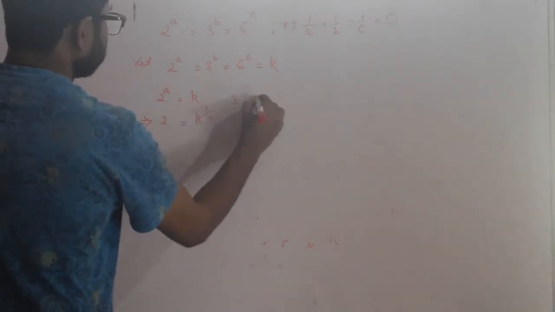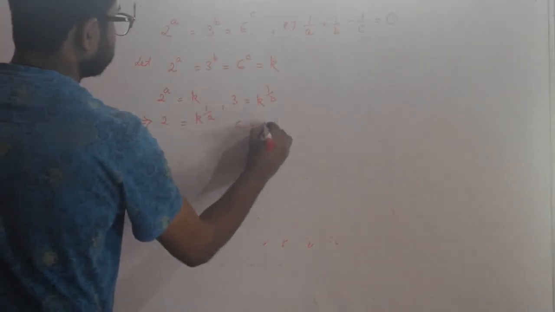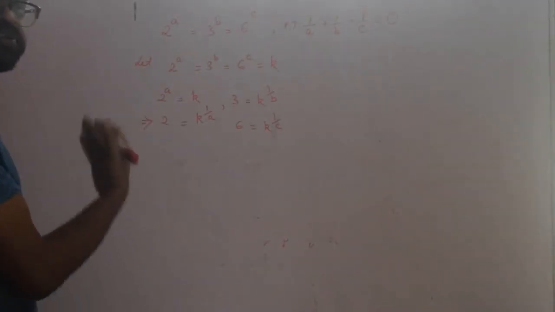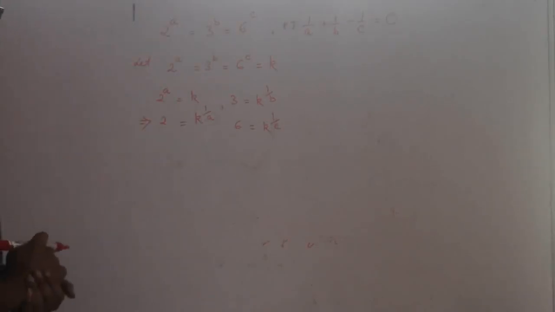Similarly, 3 will be equal to k to the power 1 by b, and 6 will be equal to k to the power 1 by c. Now in our previous question we had another condition, that is b square equal to ac, but here we are given only one condition, no second condition is given.